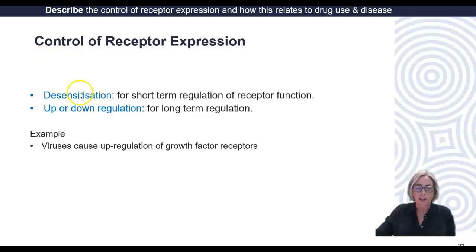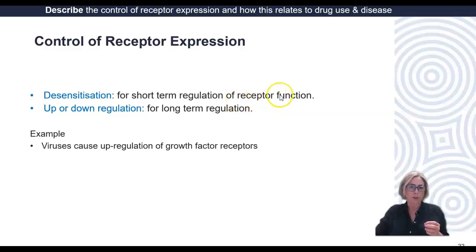Okay, when you're almost at the end, just looking at control of receptor expression now. Firstly, we have desensitization. Remember, we talked all about that earlier on, and all of the mechanisms of desensitization for short-term regulation of receptor function. So things like those conformational changes in the receptor, etc. Also up or down regulation.